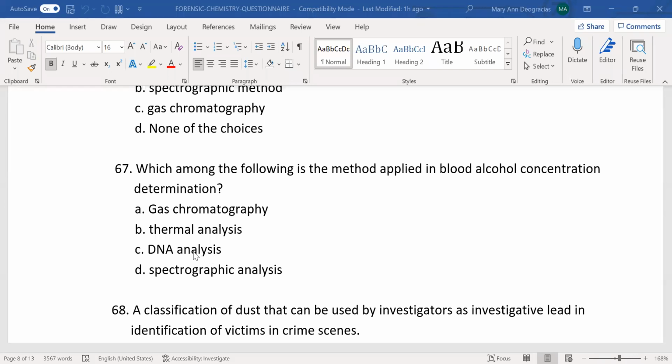DNA is hereditary character yan, yung kinukuha dyan. Spectrographic is composition naman. Composition of a substance ang spectrographic. So chromatography, gas chromatography is the answer. So gas chromatography is to determine the amount of the alcohol or the percentage composition of blood sample coming from a suspect of, let's say, a traffic accident. Yan yung mga application naman ng blood alcohol concentration determination.